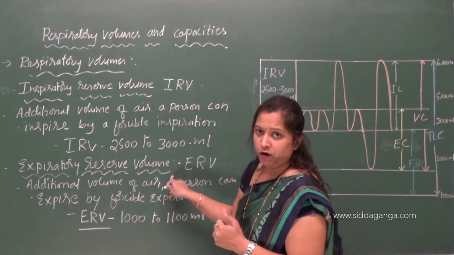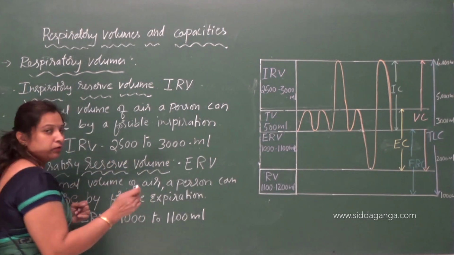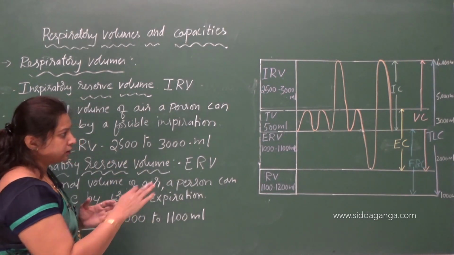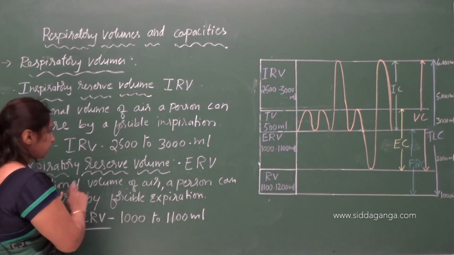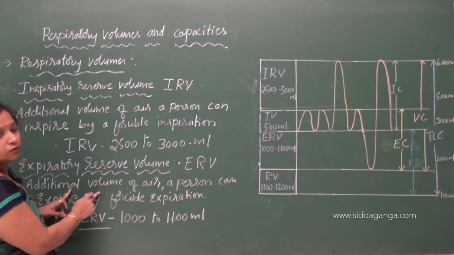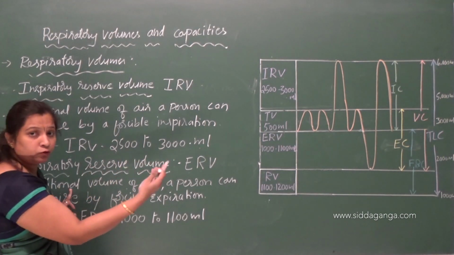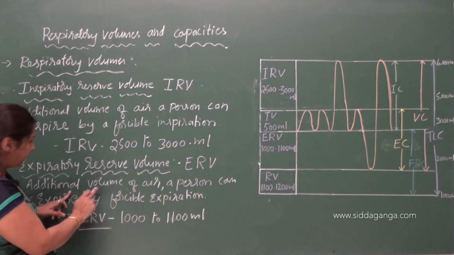So this additional volume of air which we are able to expel by forcible expiration is called expiratory reserve volume. What is the definition here? It is the additional volume, because during normal expiration we expel 500 ml. So this is additional volume of air which we expel during forcible expiration. That's why it is called additional.